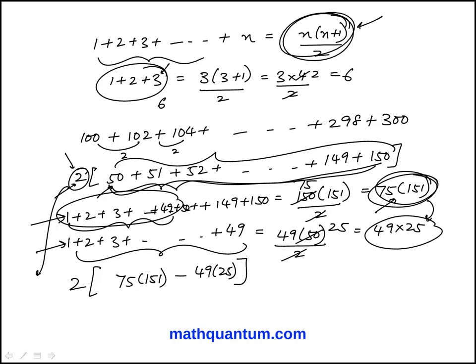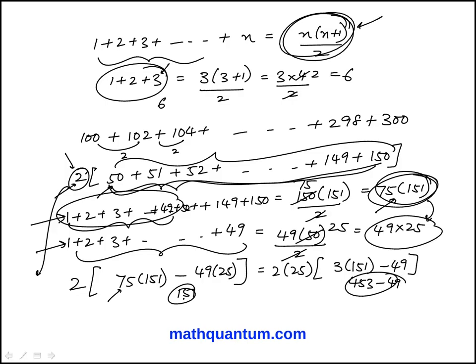Okay, so I want to be a little bit lazy, so I'm going to factor out a 25 because I see 25 times 3. So that's 3 times 151 minus 49. And I guess I'll have to do this computation. So that's actually 453 because 150 times 3 is 450. So 453 minus 49, which is 404. And 25 times 2 is 50. So the answer is 50 times 404.